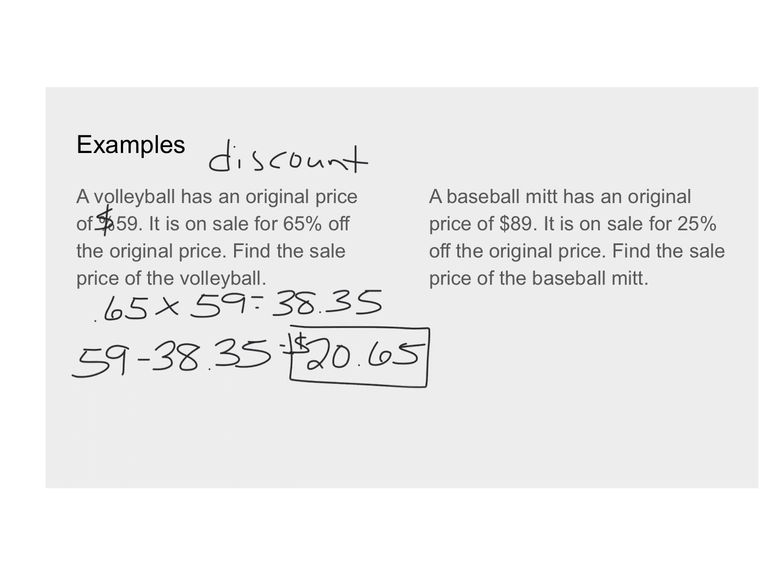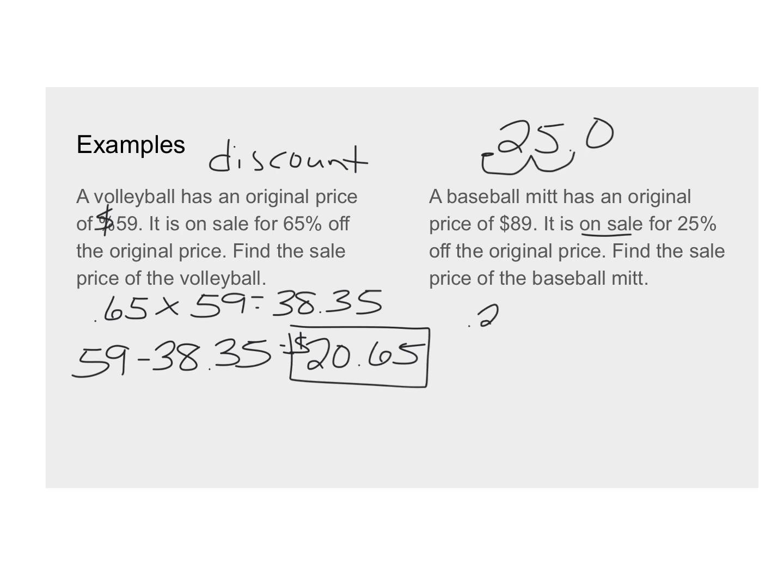All right, go ahead and try that last one of discount and then compare with a partner. It says a baseball mitt has an original price of $89. It is on sale for 25% off the original price. We want to find the overall price of the baseball mitt. Is our price going up or down? Down. How do you know? Because it says on sale. So if I have 25%, I want to change that to a decimal. What happens to my decimal point? It moves twice to the left.